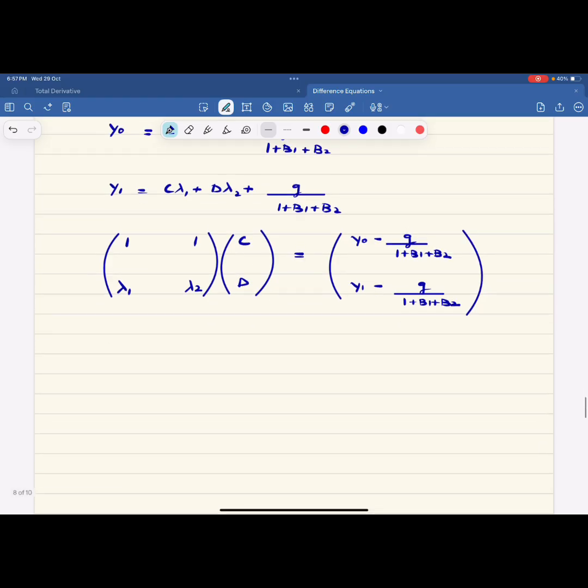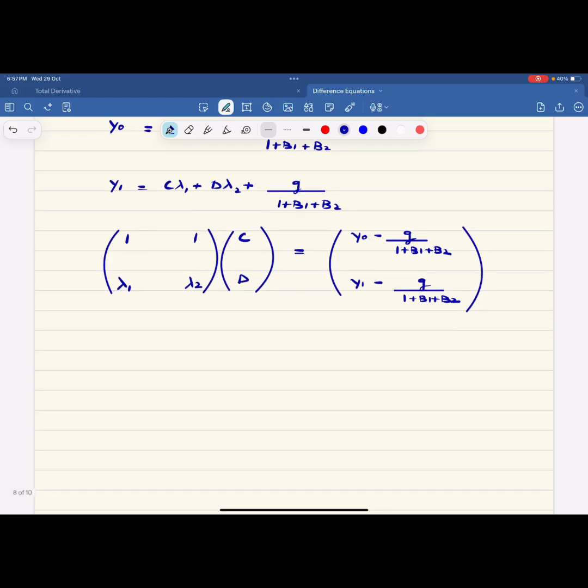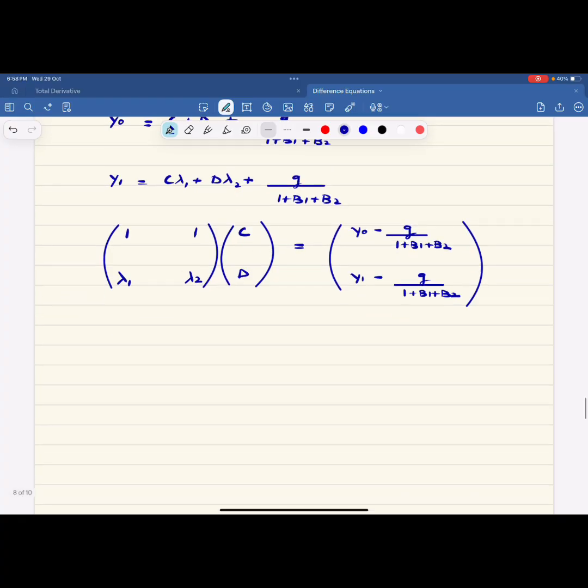You can solve this using either row operations, taking the inverse, or Cramer's rule. But basically you can solve this to find C and D.